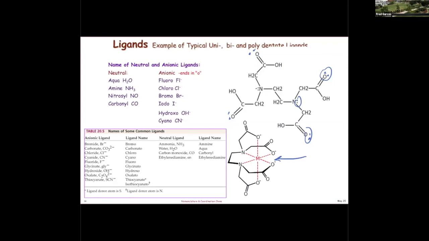That's because EDTA will seek out that metal and bind it, and then it will be water soluble so that the body can release it through the urine.